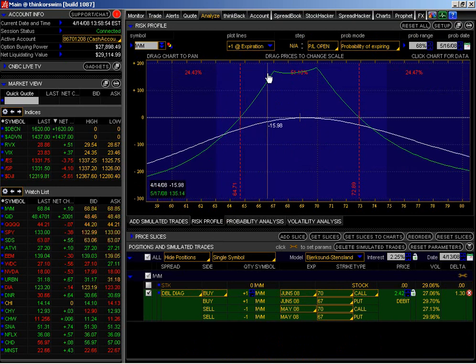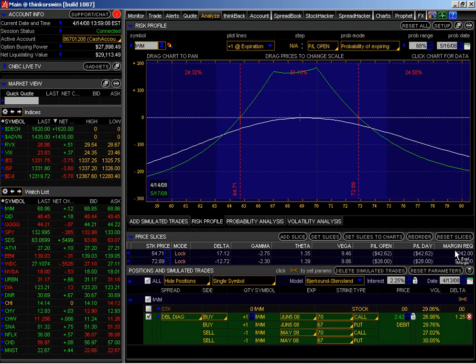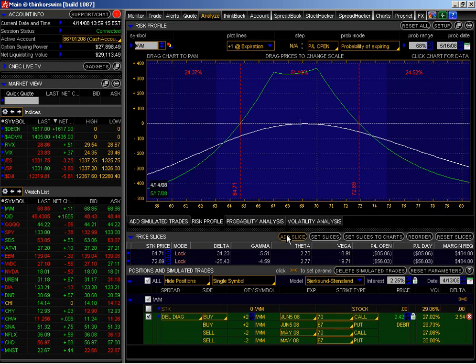Remember, the green line is what our profit picture looks like at expiration if the stock, in this case ETF, stays in between our break-even points. If it falls below that, we hit our maximum loss, which in this case is only $242 on a single contract. If we do two contracts, our margin requirement is $484.